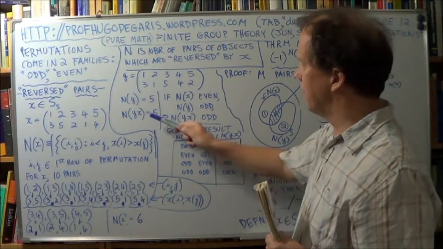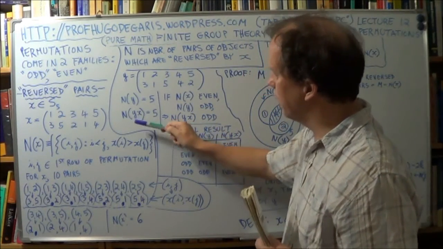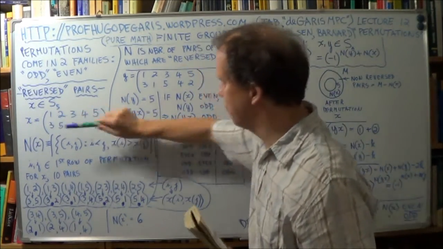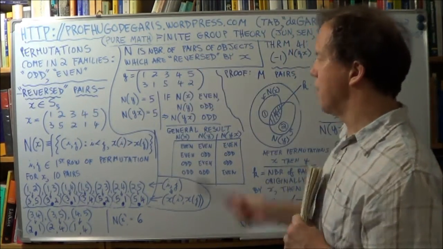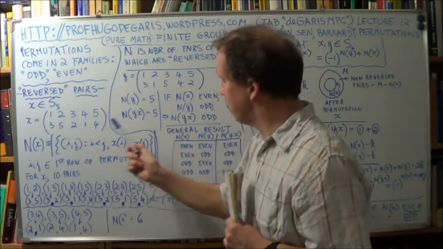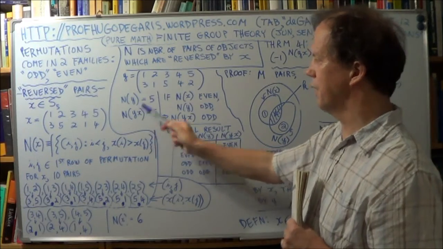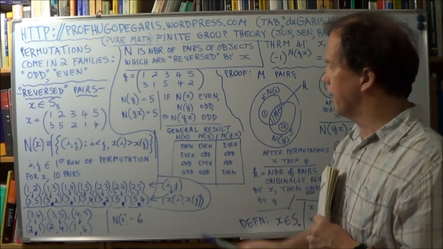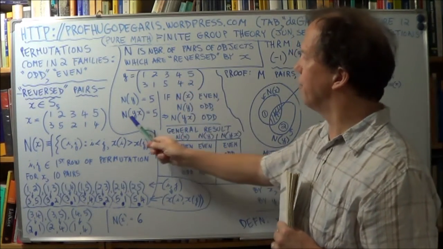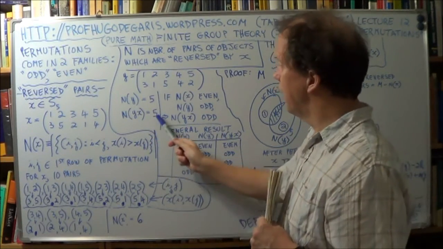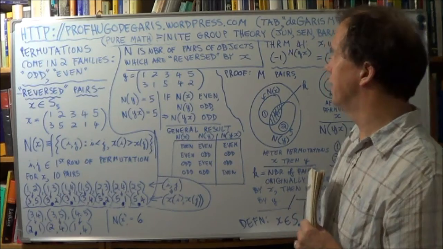Calculate x followed by y, so this followed by this, and then with that new permutation yx, calculate the number of reversed pairs that it has, okay? And you'll find the answer is 5.